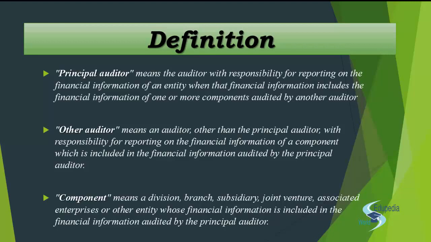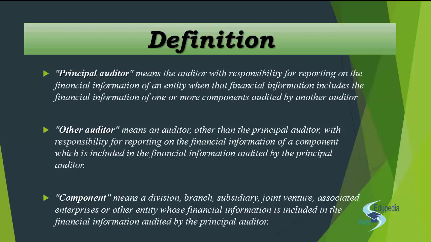Remember, the component is any division, branch, subsidiary, joint venture, or associated enterprise, but only those will be considered a component if their financial information is included in the financial information being audited by the principal auditor. That means not all components will be considered a component for this specific standard, because their financial information is not included in the main financial information.